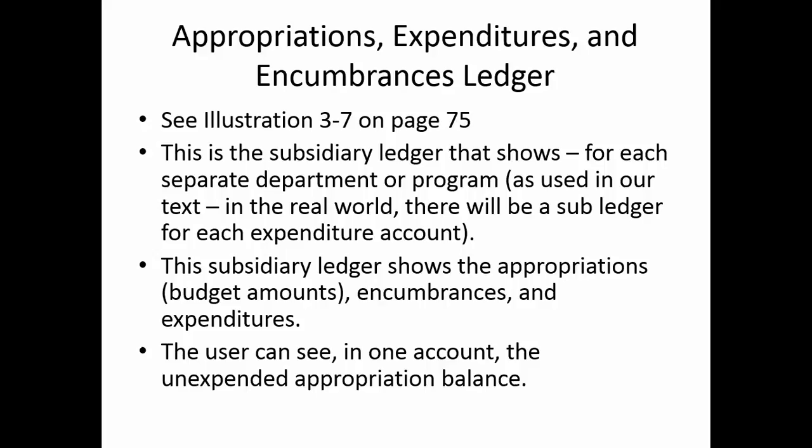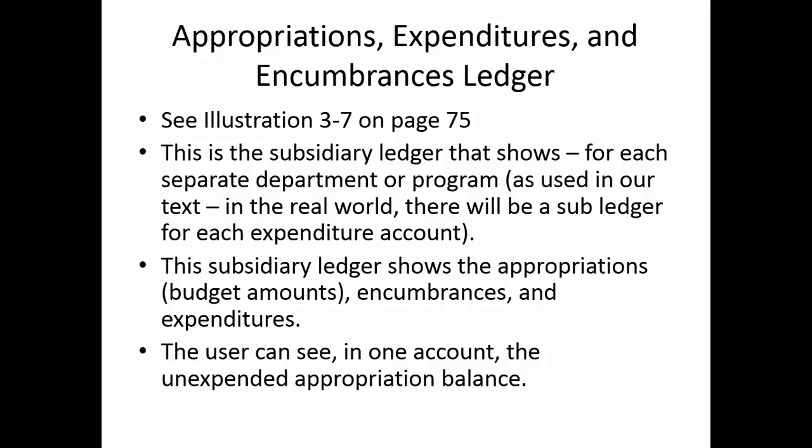Now let's move to the appropriations, expenditures, and encumbrances ledger. And this is where you really have to be comfortable with the definitions and the workings of these three types of accounts. Turn to page 75, illustration 3-7. This is the subsidiary ledger that shows for each separate department or program. That's how our text does it.